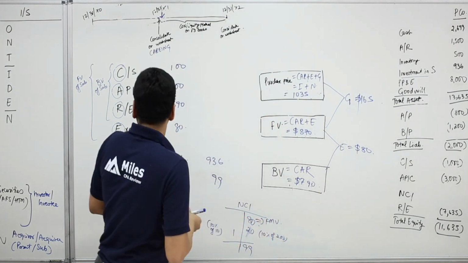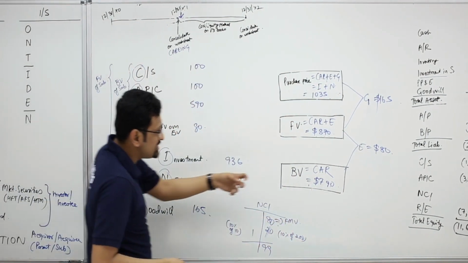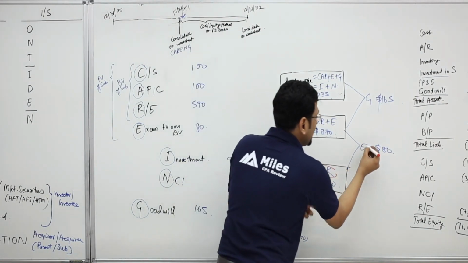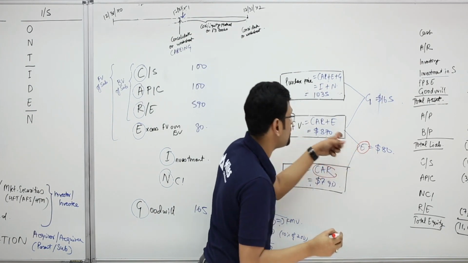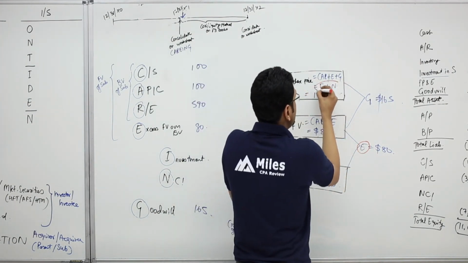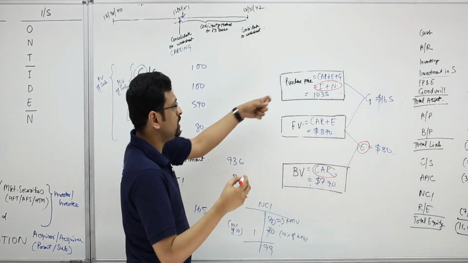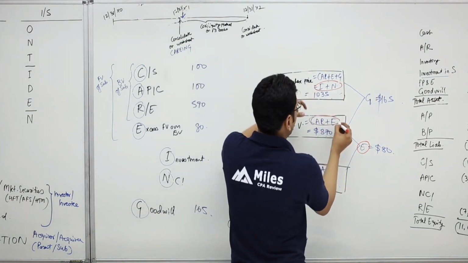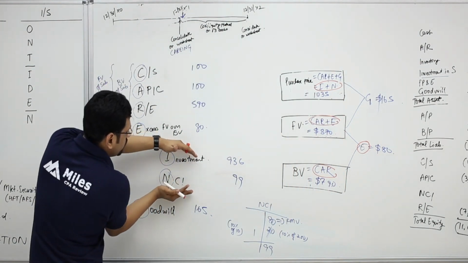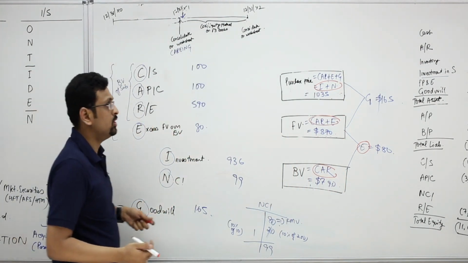So guys, you got carrying value here, you got CAR here. You've added E. This becomes CAR plus E. Then you're looking at investment plus non-controlling interest here and CARE. The difference between CARE and investment plus non-controlling interest, that's your residual goodwill.